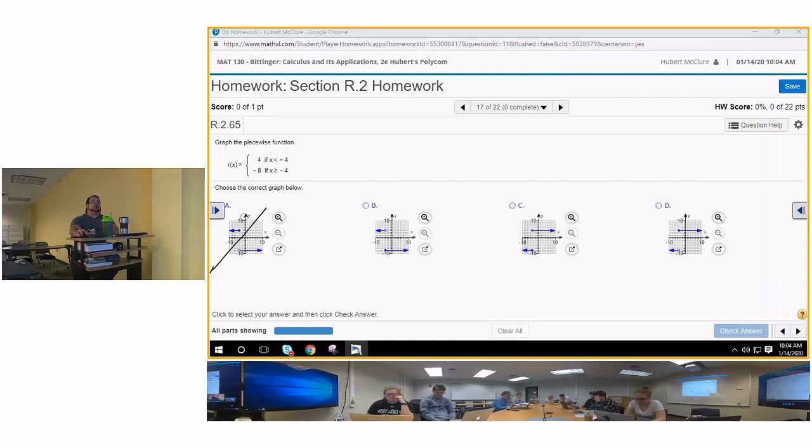It's not this one because we have to have an open circle up here. Could be this one, could be this one. It's not this one. So now you've got it down from a 25% chance to a what? 50% chance. So where is x less than negative 4? To the left or to the right? So it's D.